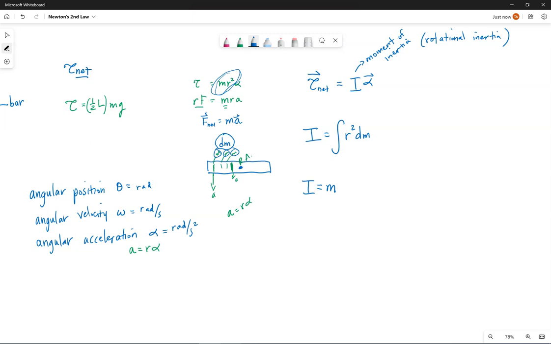If we say I is equal to exactly mr squared, this is true only if all of the mass, m, is the same distance r away from the rotation axis.